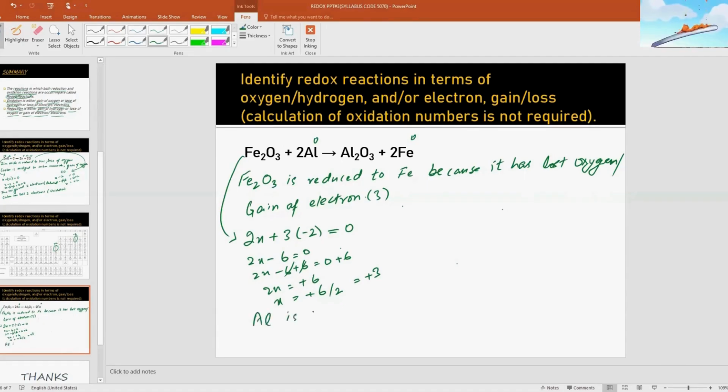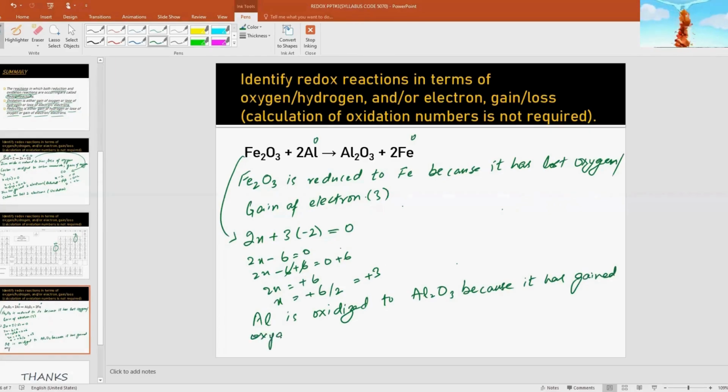Al is oxidized to Al2O3 because it has gained oxygen, or lost electrons. 3 electrons will be lost here.